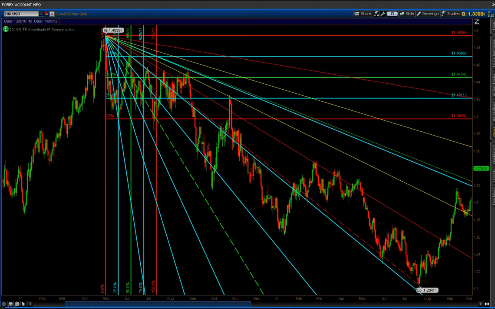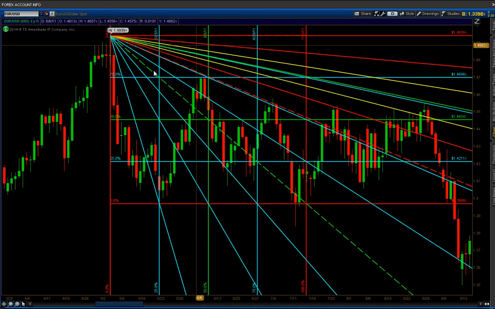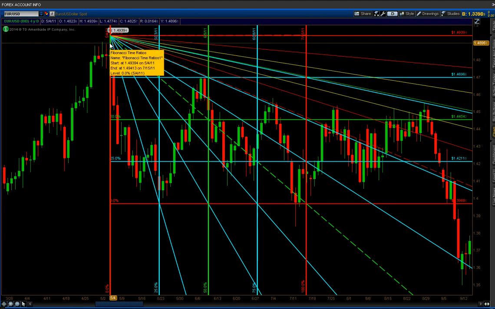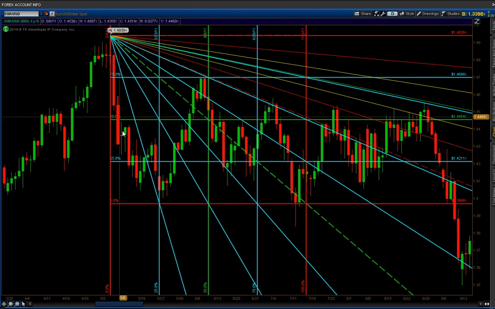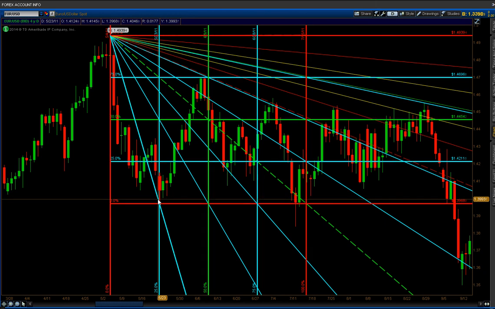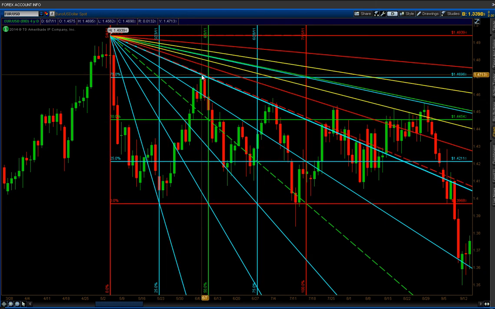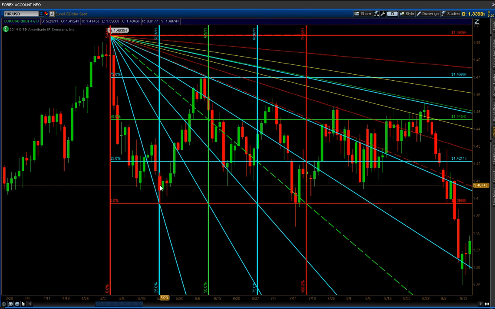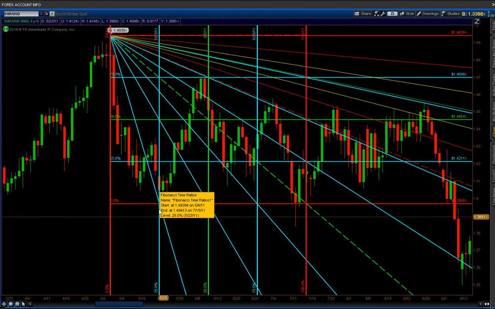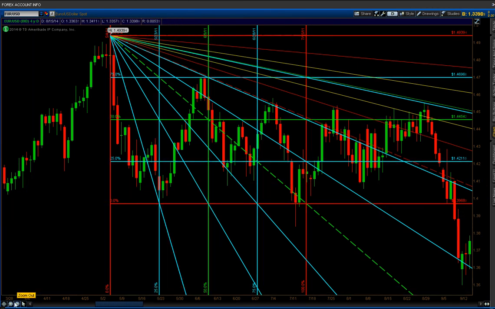If you go to the high, which was 49.39 on May 4th of 2011, and you get the first impulse low, and it bounced off there, that low was 39.68 right here.